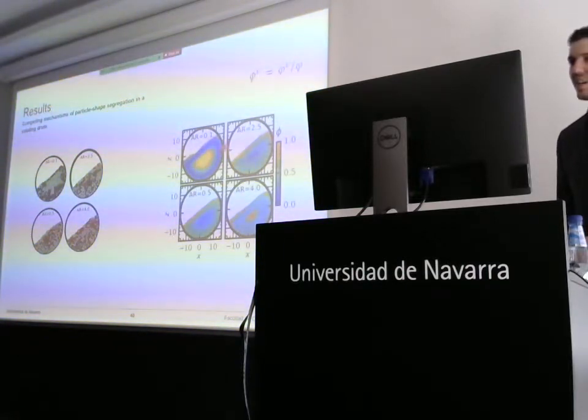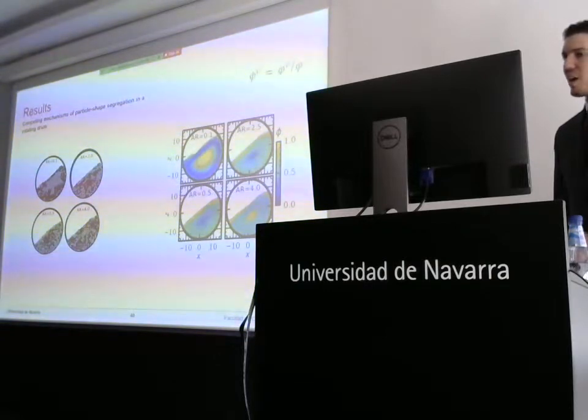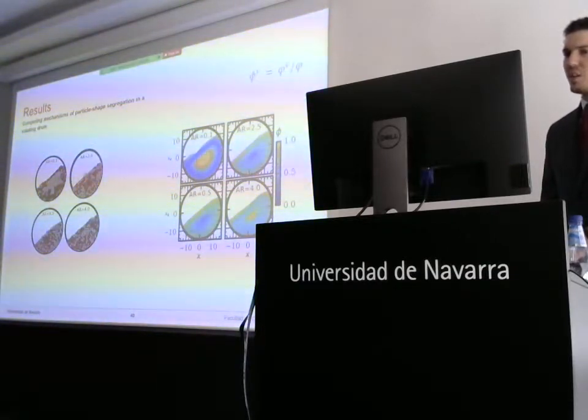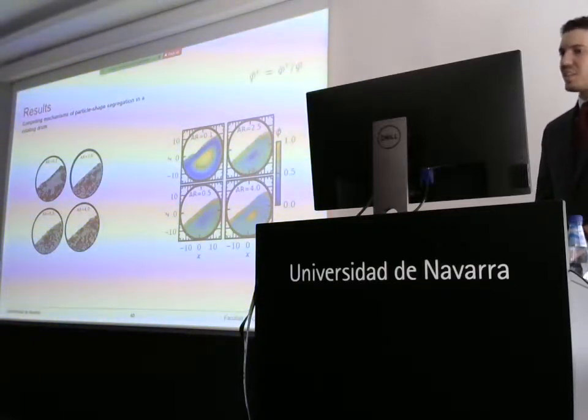What we have here are the volume fraction profiles averaged in the system, and we can see the same that we saw before in the snapshots. Here the spherical particles are in the center, then the spherical particles go to the periphery, and we have the same also: for 2.5, the spherical particles are in the periphery, and for 4.0, the spherical particles go to the center again.